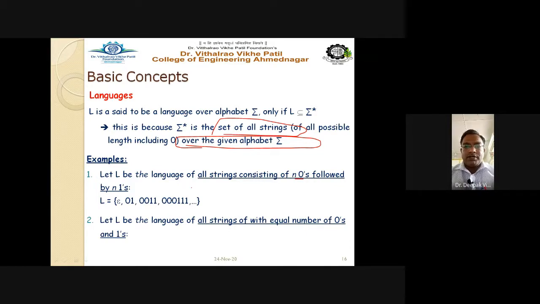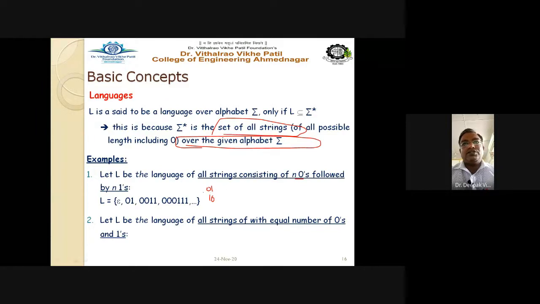As you know, in formal language we are focusing upon the arrangement of the letters, the characters, or the alphabets, and not the meaning of that particular word, right? So you can have a 0 1 combination, or a 1 0 combination, that does not carry any meaning, but how they are arranged.